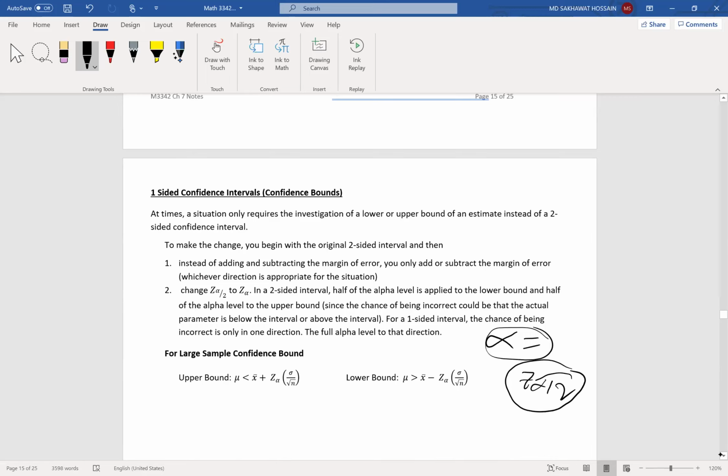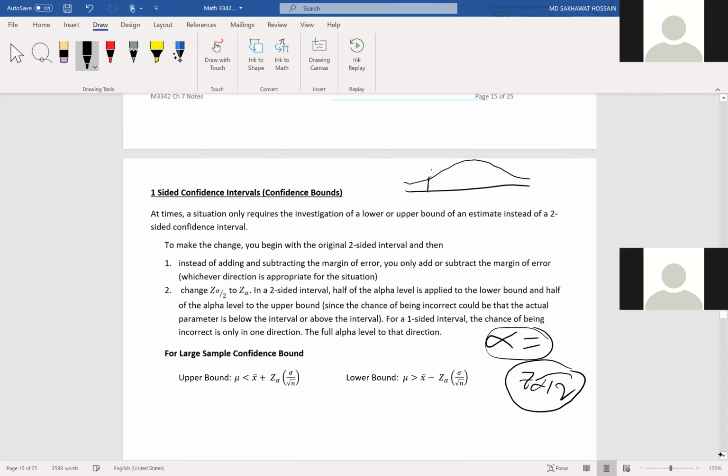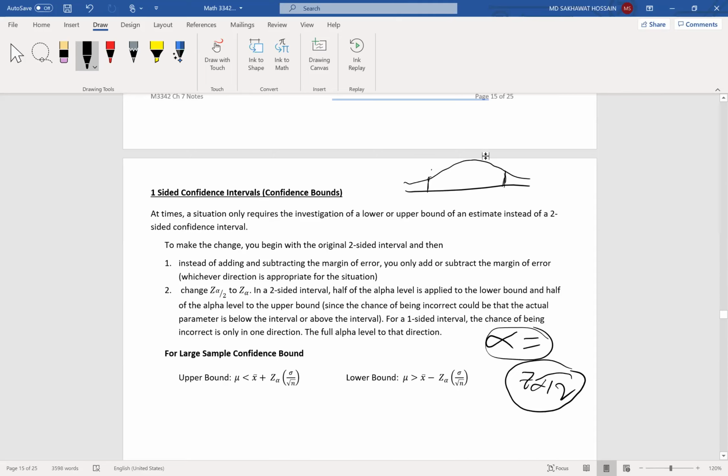Because when we construct the confidence interval, this is our confidence interval. This is our lower bound, the lower confidence limit, and this is the upper confidence limit.